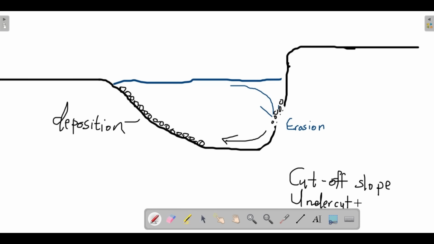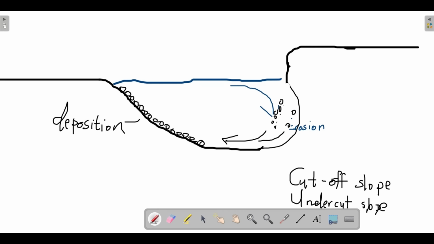Because when the flowing water gets in contact with this slope, it undercuts, continuously removing material and making this side steeper and steeper.